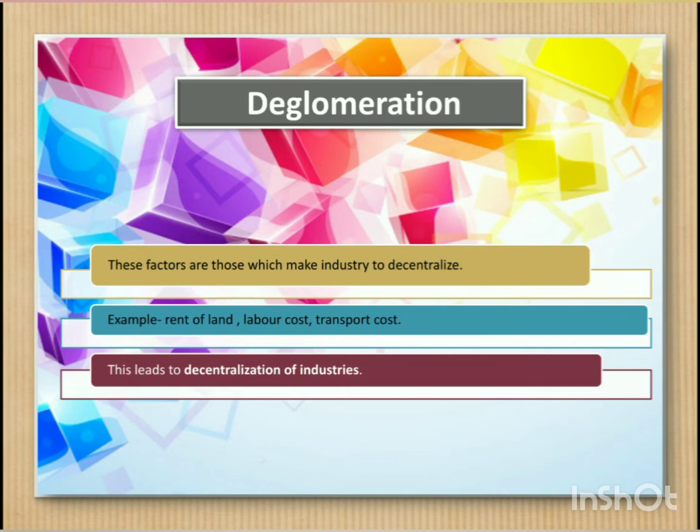But Weber ignored them except possibility of high rent, which he related to size of a city. This leads to decentralization of industries. These factors are those which make industry decentralize. For example, rent of land, labor cost, and transportation cost.